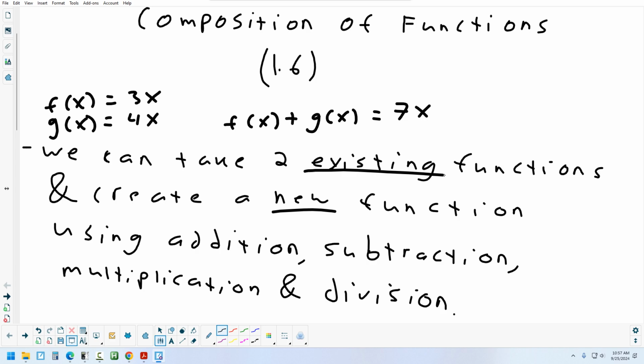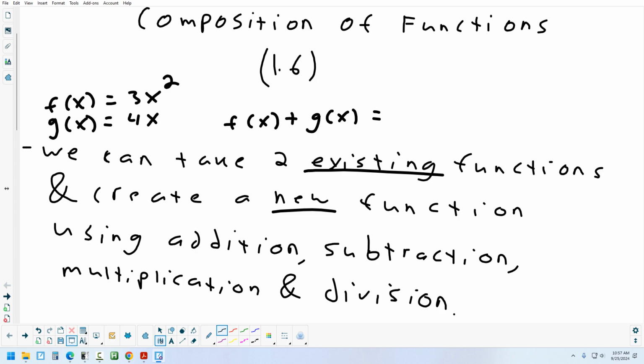Now, sometimes when you combine them together, they don't simplify because they're not like terms. 3x and 4x are like terms. So that's why I was able to add them and get 7x. But let's say I had 3x squared and 4x. And I said to combine those by adding them. Well, there's nothing you can do.